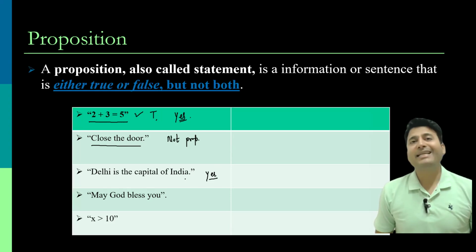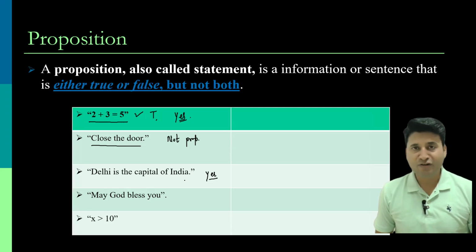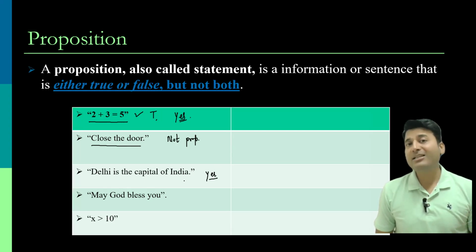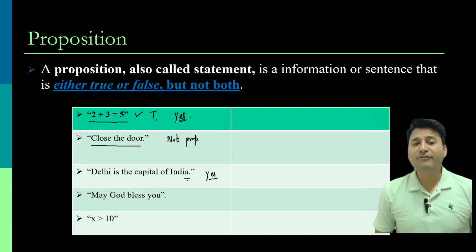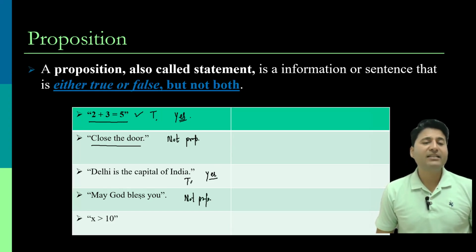A proposition is information which is either true or false. It may be a proposition having its truth value as false. This is true information, so yes, it is a proposition and its truth value comes out as T. Once again, "May God bless you" is not a proposition because we can't decide whether this information is true or false.